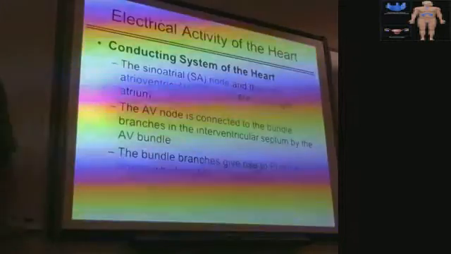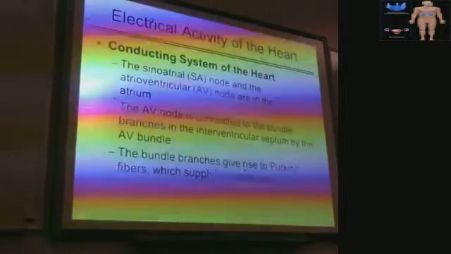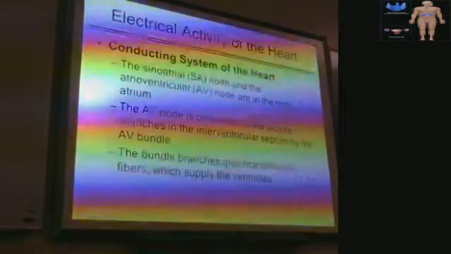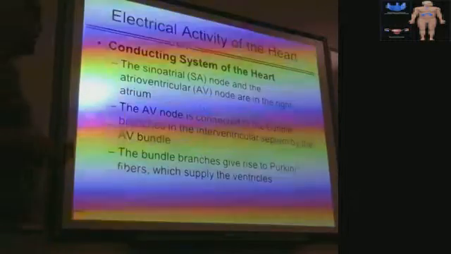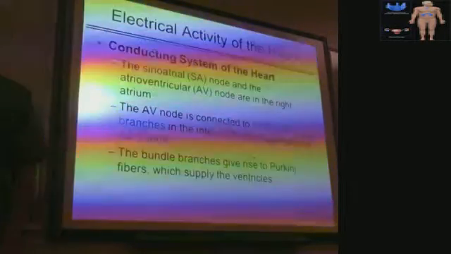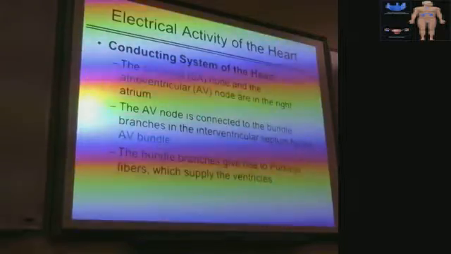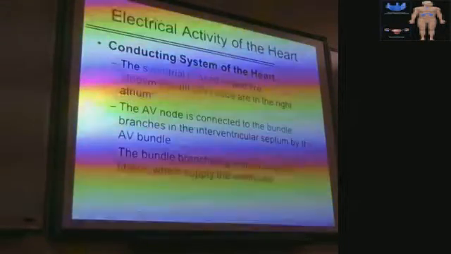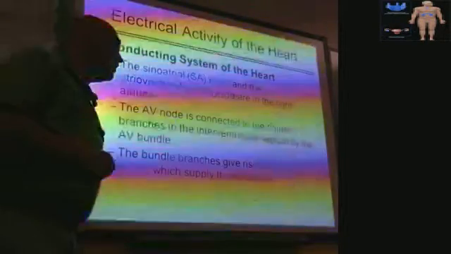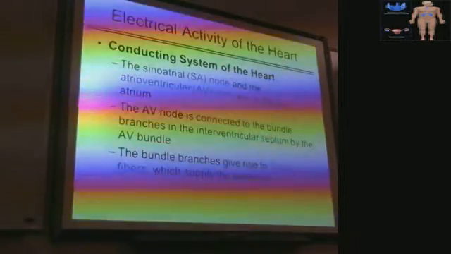The conducting system of the heart. This would be the SA node, the sinoatrial node, and the AV node, the atrioventricular node. They're both found in the right atrium. The AV node is connected to the bundle branches in the interventricular septum by the AV bundle.